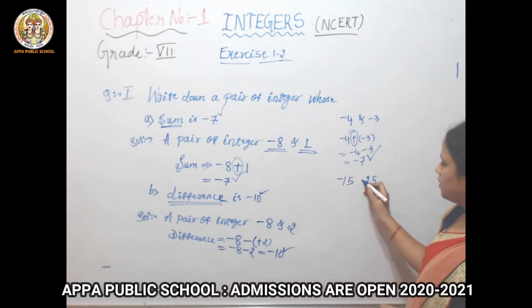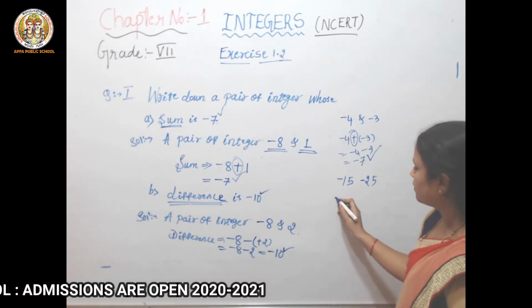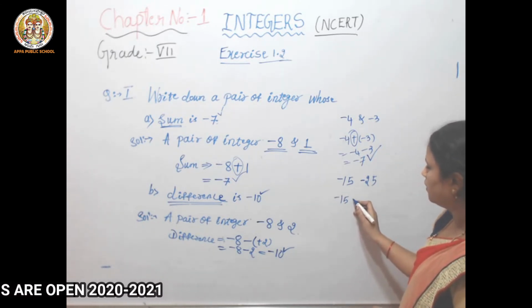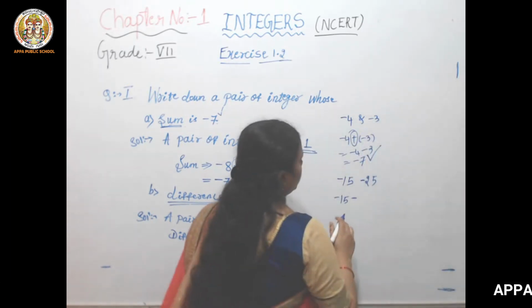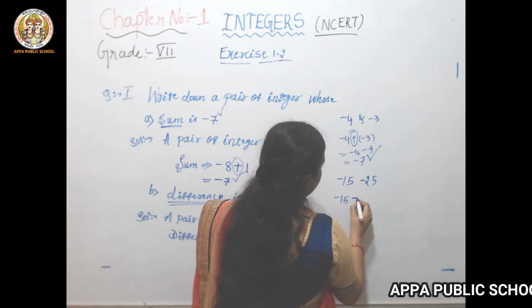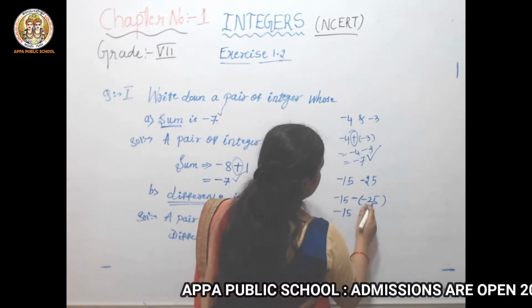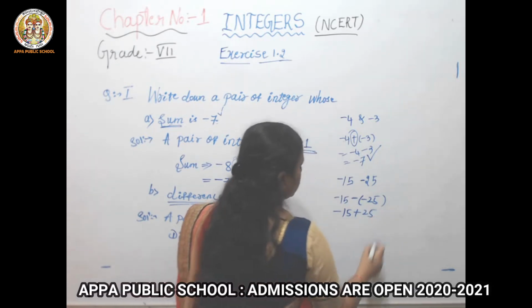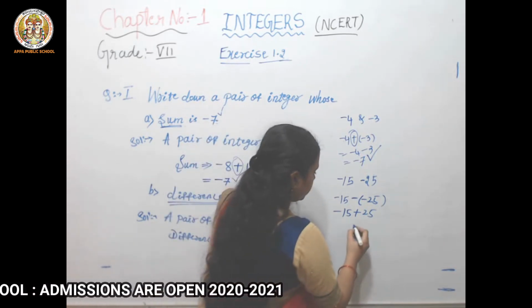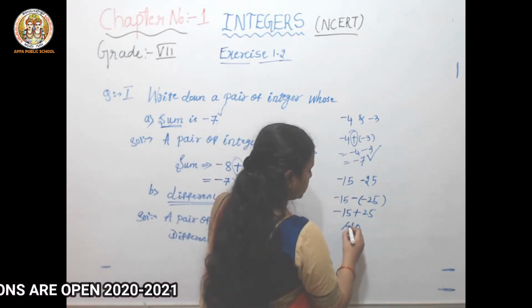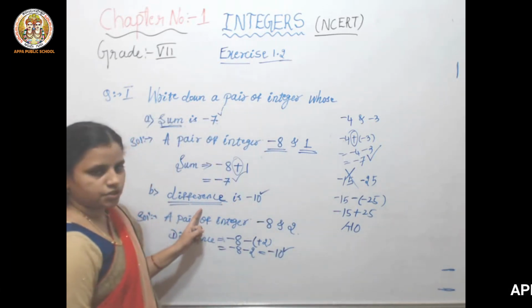Since the difference is minus, minus 15 minus plus 25 gives minus 25 plus 25... Obviously we got 10, but it is not minus 10. Then these integers cannot satisfy the condition.